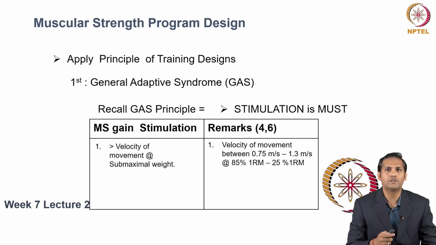Now a second type of stimulation, where instead of focusing on increasing the external weight, you focus on doing the exercise at a higher velocity at submaximal weight.